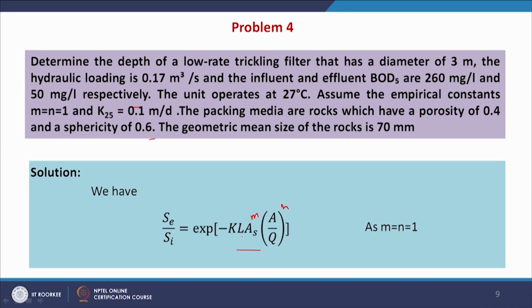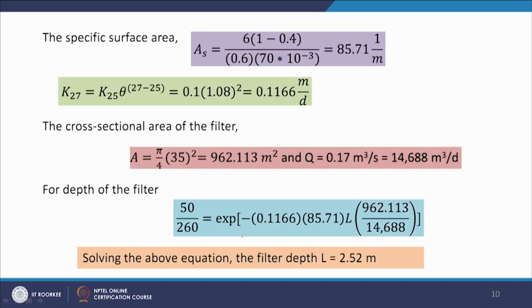So, this has been written simply, and As is the specific surface area which can be written as 6 into (1 minus eta) divided by psi into the diameter.